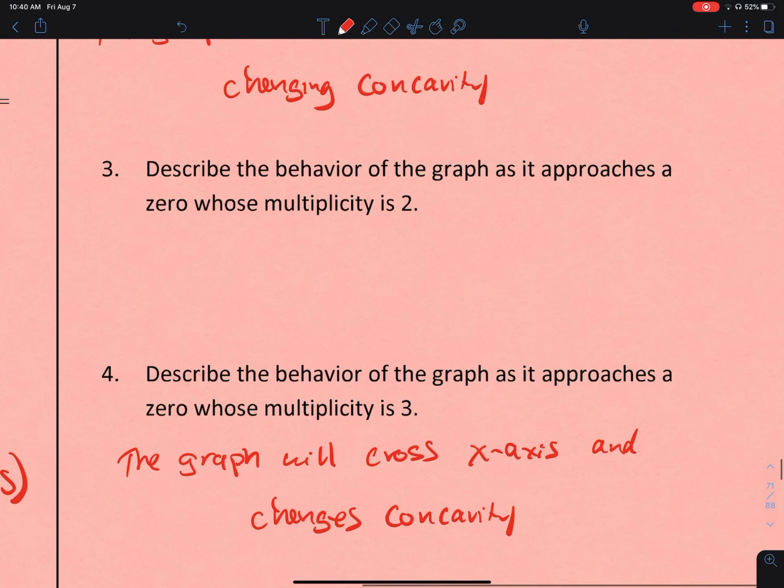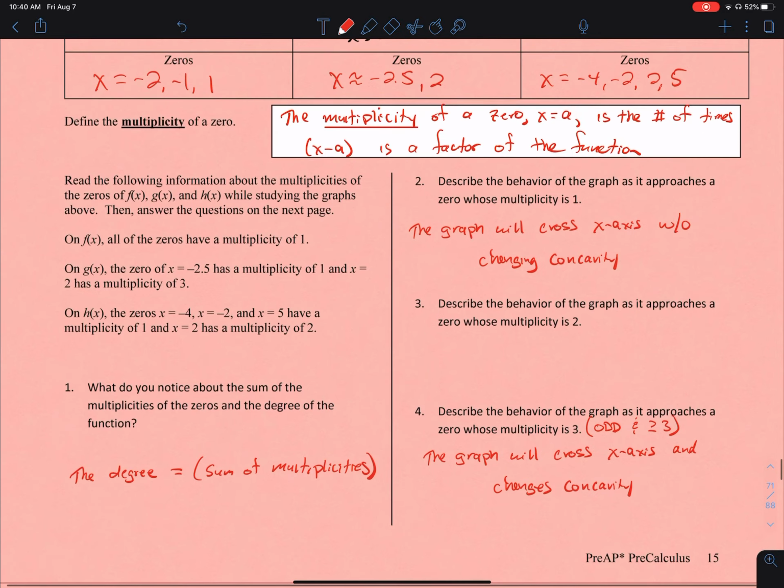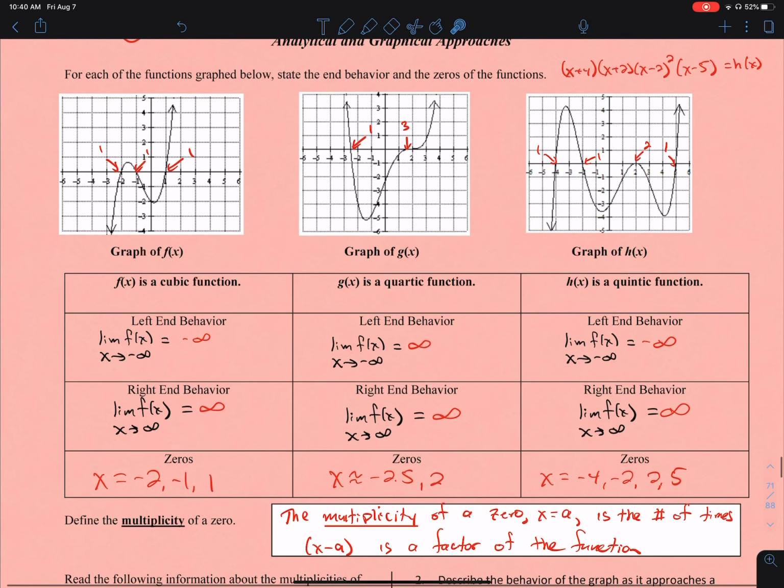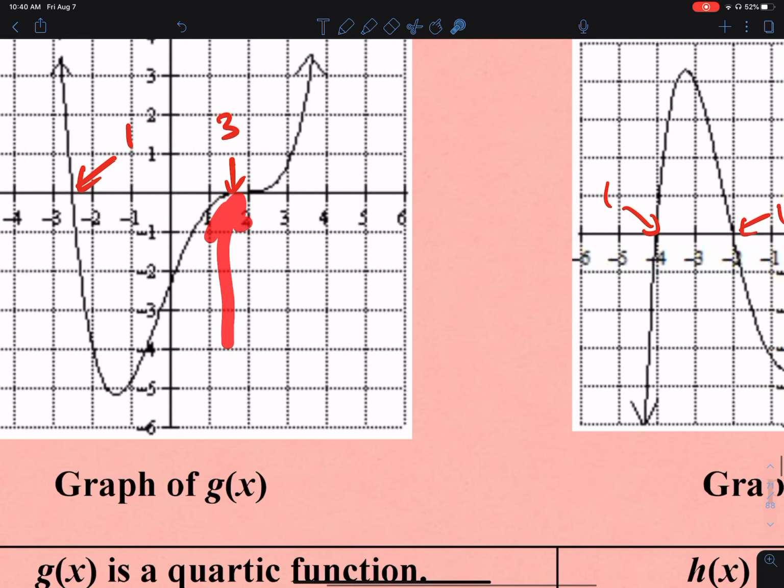Now this multiplicity of 3, we're just talking about these graphs. What we're really saying is that it's odd and at least 3. So it could be 5, 7, 9, 11. Same thing's going to happen. The concavity is going to change and it's going to cross the x-axis. The only example we have on our picture here is this one right here. This right here is concave down, and this part here is concave up. It is changing concavity at that point.